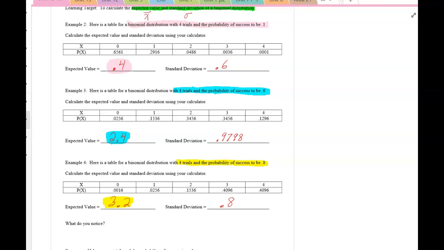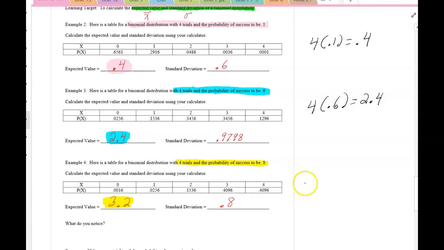Some of you may have realized in example 2, 4 times 0.1 is 0.4. The number of trials and the probability multiplied together is 0.4. In example 3, the 4 trials times 0.6 gives the expected value of 2.4. And let's see if that pattern continues.